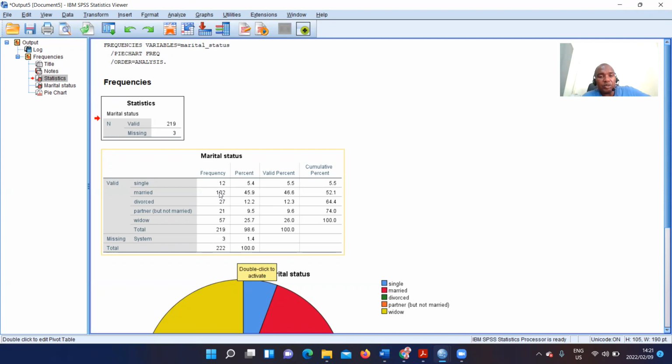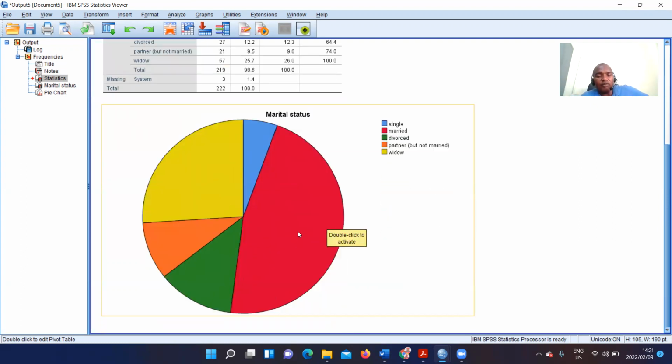And then 102 over 219 gives us 46.6. And then we move all the way to the widowed, which is 57 over 219, which gives us 26%, and so on. And then this information is displayed in that pie chart.